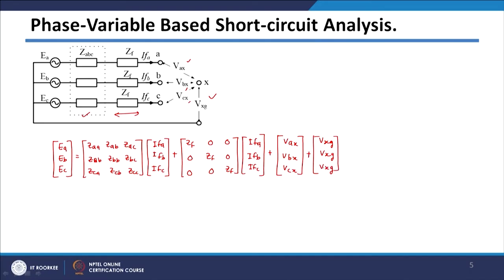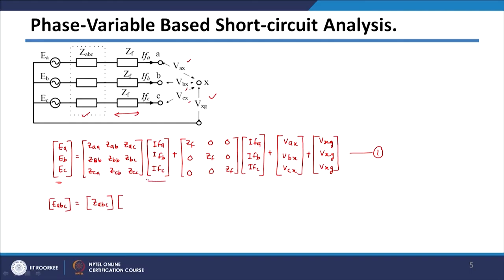Now, I am writing this equation 1 in short form. So, for this part of the matrix, I just write EABC, which is basically this vector, which is equal to this total matrix, as I told you, I am calling it the ZABC matrix, which is 3 by 3.